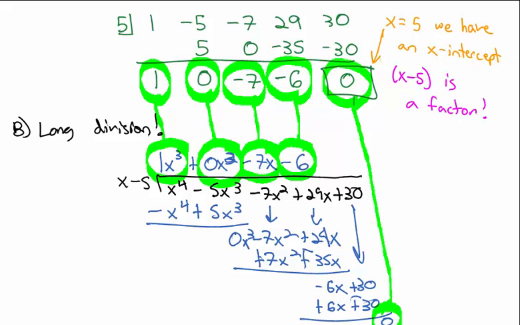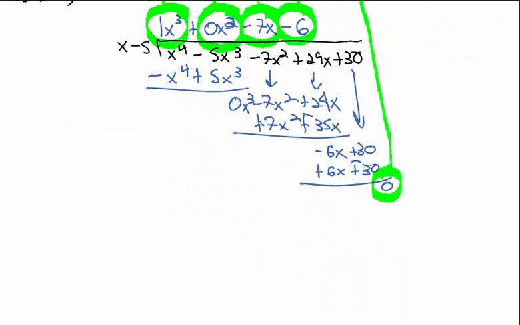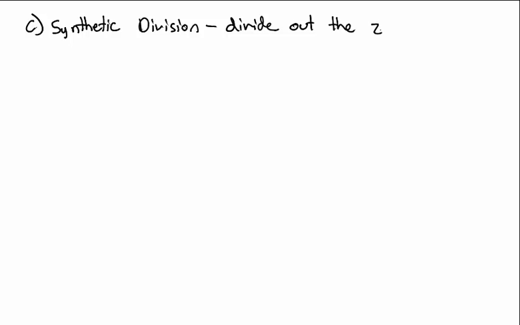What this means is essentially substituting in 5 is the same as dividing out x minus 5. That means our synthetic substitution could also be thought of as synthetic division, where we are going to divide out the 0.